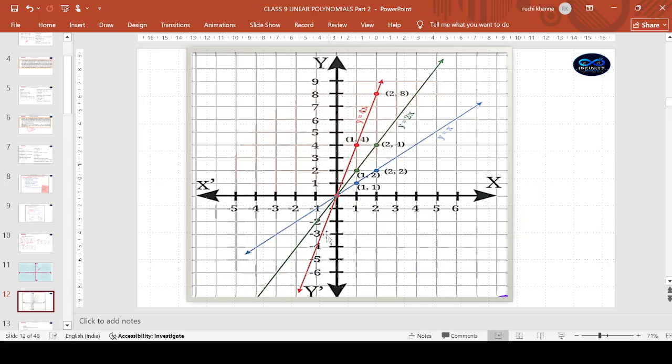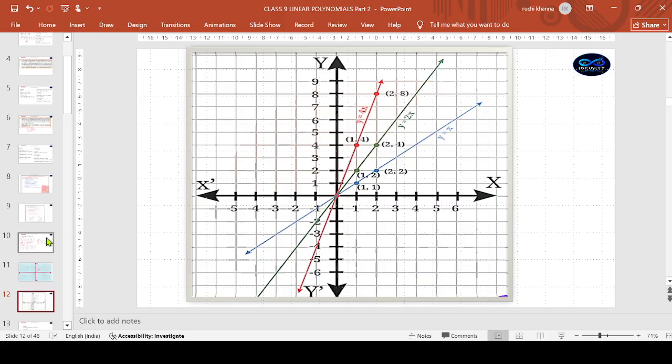So y equals 4x, say the red one, passes through 0 comma 0, 1 comma 4, 2 comma 8. Do the point location and join the line the way I just showed you. Next we come to y equals 2x. Again 0 comma 0, 1 comma 2, 2 comma 4, and the line passes through. Third, y equals x, 0 comma 0, 1 comma 1, 2 comma 2, line passes through. Clear?